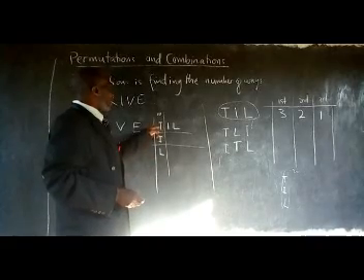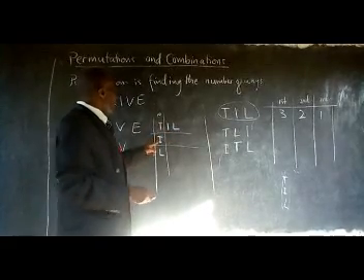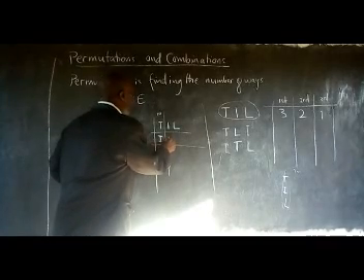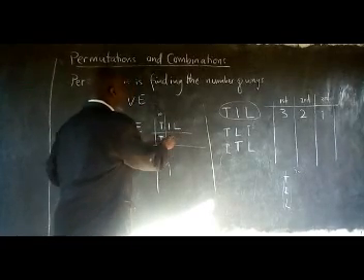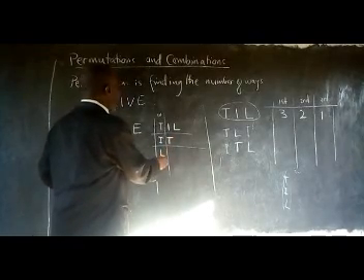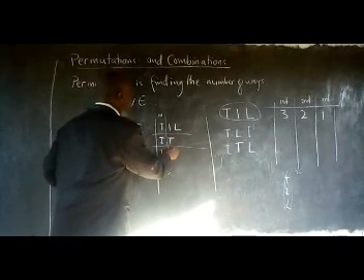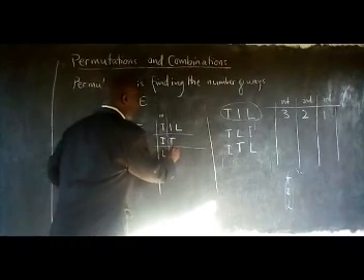And if the first was a T, the second can be I. If the first was I, the second one can be T. And if the first one was L, the second one can also be T.